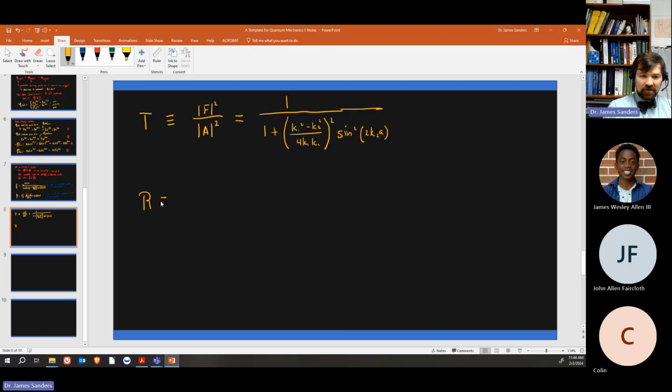Okay. And your R coefficient would be your B squared over your A squared. This ends up being basically T, the thing you found up here, times (k2 squared minus k1 squared) over 4 k1 squared k2 squared, sine squared 2 k2 a.